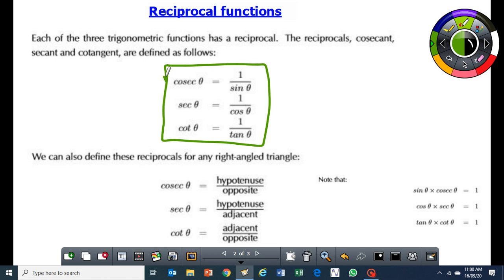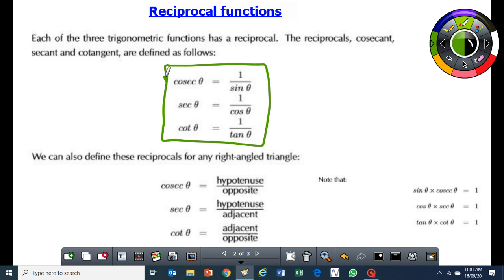Okay. So those are your three reciprocals. In the coming days, what you have to do is sit down and memorize your three trigonometric ratios: sine theta, opposite over hypotenuse; cos theta, adjacent over hypotenuse; tan theta, opposite over adjacent. Then your reciprocals: the reciprocal of sine is cosec, of cos is sec, of tan is cot.